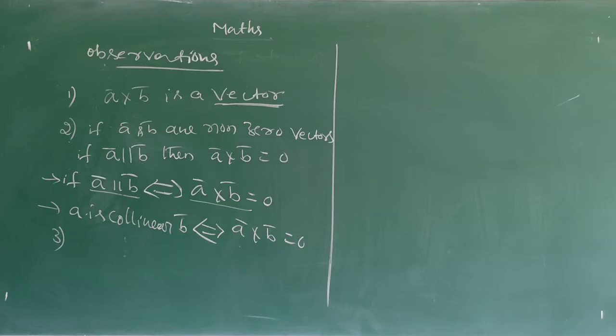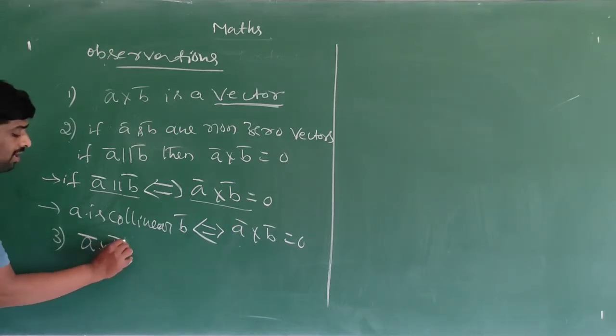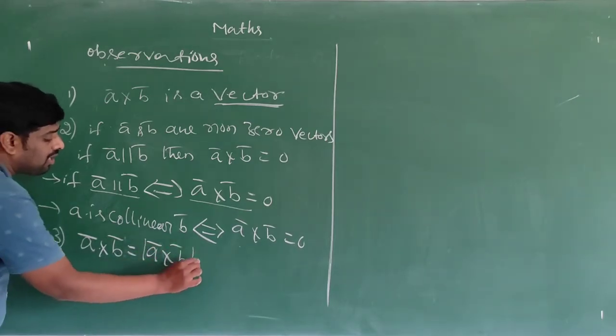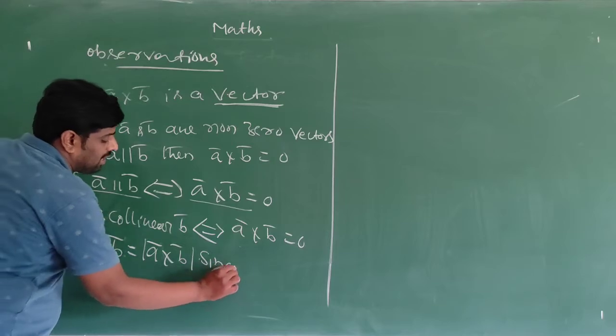Next, come to the third point. If theta is the angle between two vectors, then the magnitude of A bar cross B bar equals magnitude of A bar into magnitude of B bar into sin theta.